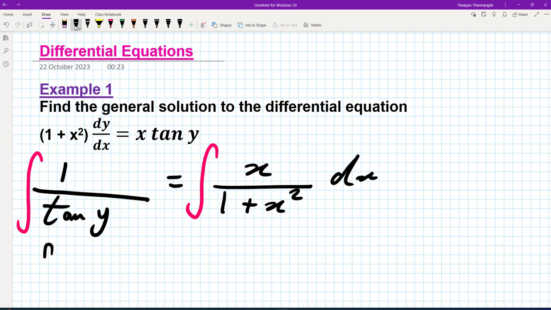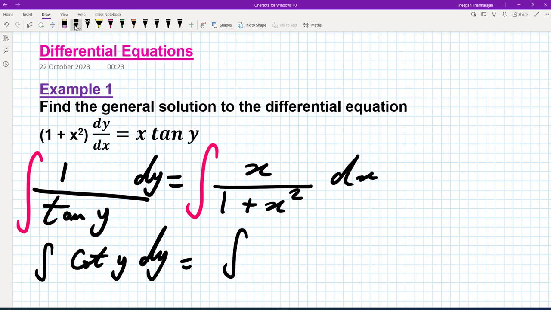So we get the integral of cot y dy is equal to the integral of x over 1 plus x squared dx.